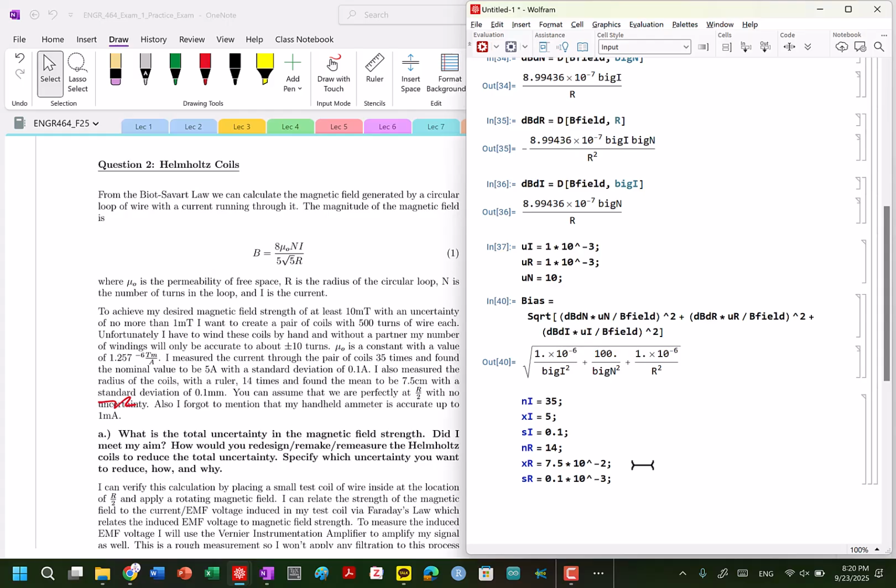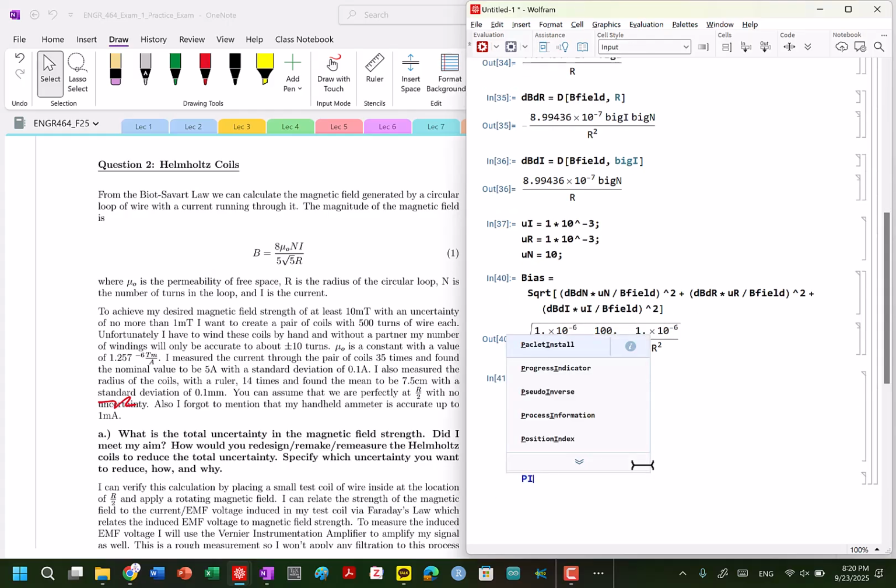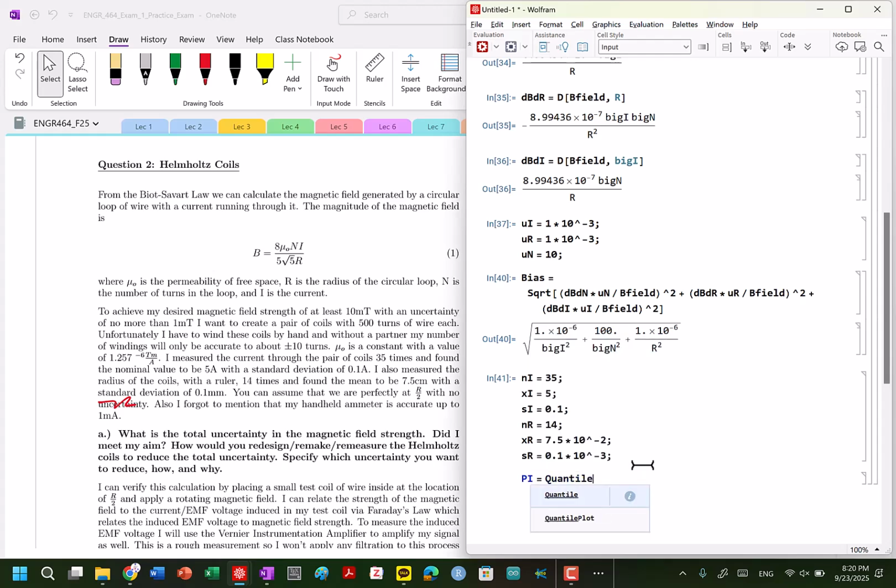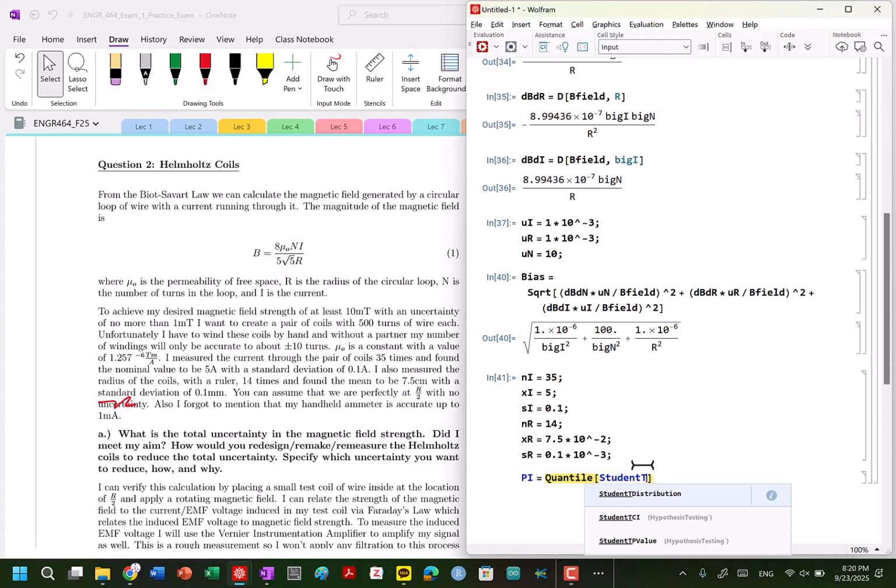And that's it. So those are our two basically precision errors where we're not told anything about measuring this number of turns all those many times. So now I can say that my precision error in I is equal to, and then I need my quantile. This is 95%, so let's go ahead. Quantile, we need the Student t-distribution.